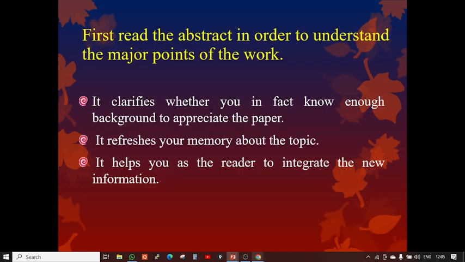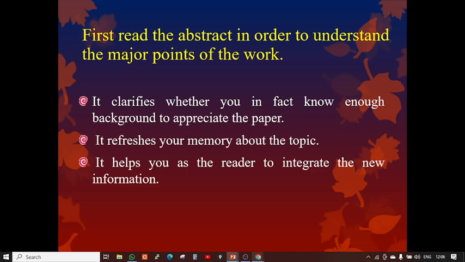First, read the abstract in order to understand the major points of the work. Once you download a research paper, first read the abstract, then understand the major points. If that is enough to understand and the paper is going to help your research, then go through the paper thoroughly in detail. Otherwise, just discard that paper; do not waste your time on unnecessary work.